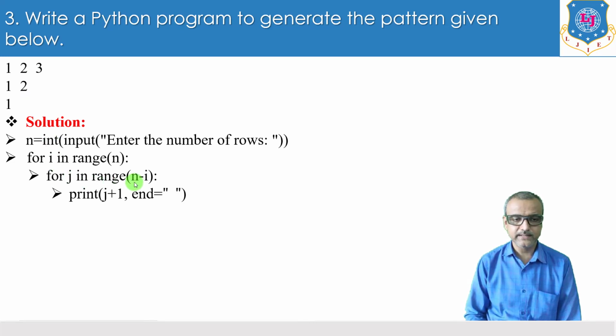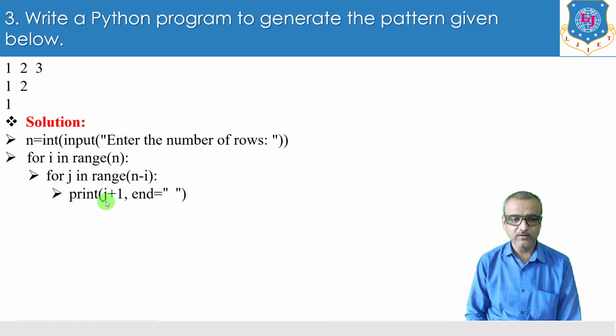Now for j in range n minus i, what is the value of n? That is 3. Now 3 minus i, initially the value of i is 0. So 3 minus 0 gives you 3. So the value of j is 0, 1 and 2. Here we are printing j plus 1 separated by space.